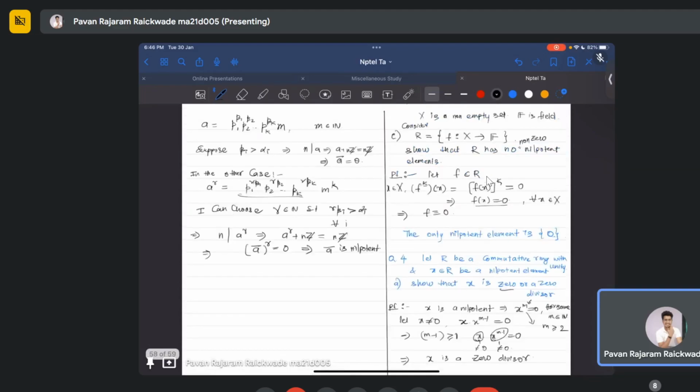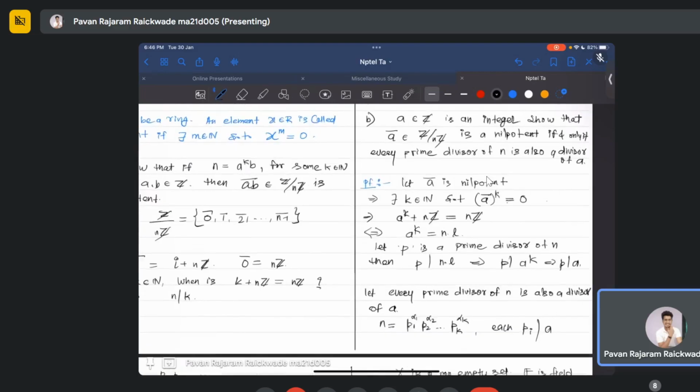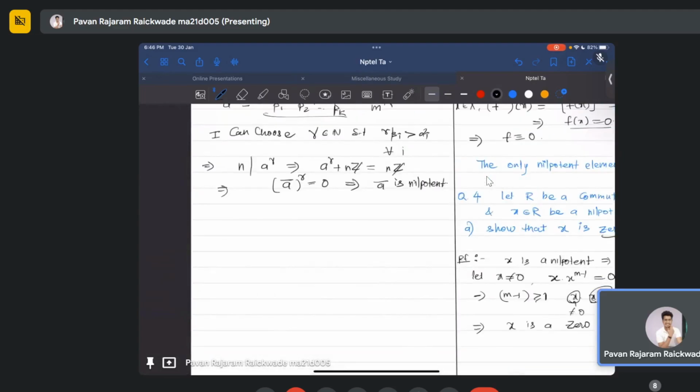We just now found all the nilpotent elements in Z upon nZ, right? We gave a characterization of when an integer is a nilpotent element of Z upon nZ, right? So can we determine all the nilpotent elements in, let's say, Z72 or something?